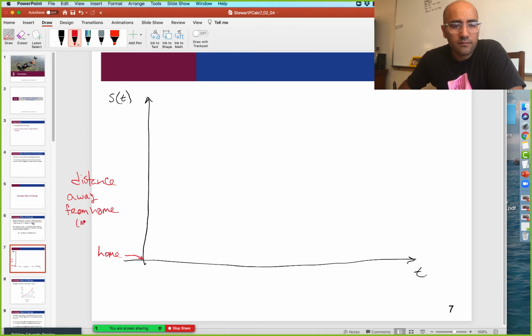In miles. Let's say home compared to Las Vegas. Let's say right here is Las Vegas, this distance away. So let's say that this is 450 miles away, just to throw a random number. So this is in miles.